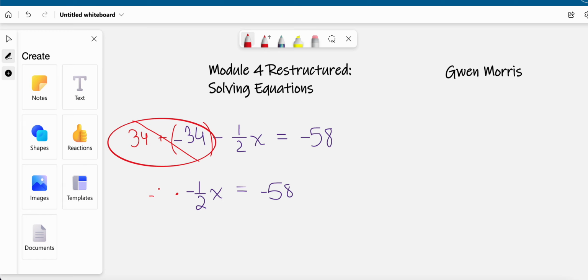So it would be negative 2 over 1. And then I'm going to multiply this side by negative 2 over 1. I could just leave it as negative 2, but just for the sake of explaining everything, I'm going to put them both over 1.